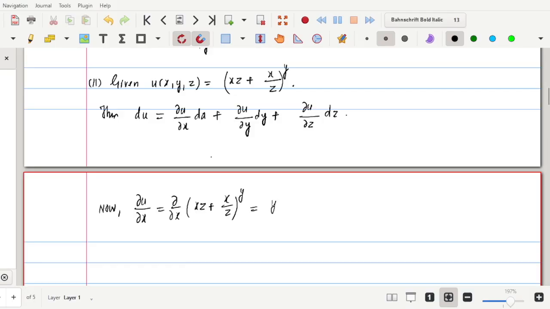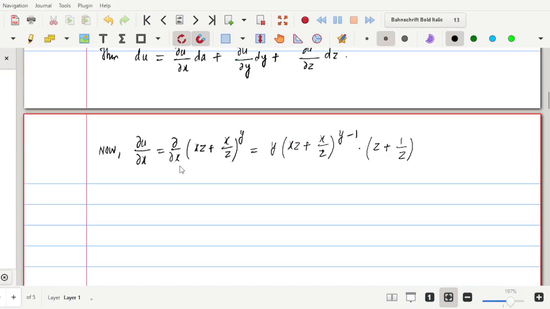So here the derivative will be y into (xz plus x by z) power y minus 1. Instead of n here we have y, and instead of x here we have xz plus x by z. Now this has to be multiplied with the derivative of xz plus x by z. The derivative of xz is z, and the derivative of x by z is 1 divided by z. So this is del u by del x.